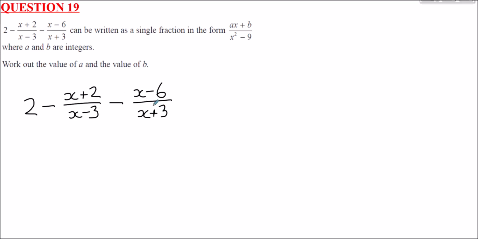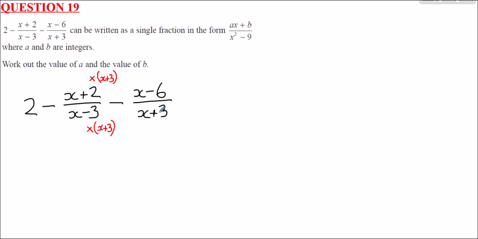X minus 3 and x plus 3 are not the same, but what I could do, I could multiply each of these denominators by the other one. So here, I could multiply the bottom by x plus 3, and to keep it equivalent, I could do the same up to the top. So times that by x plus 3 as well.